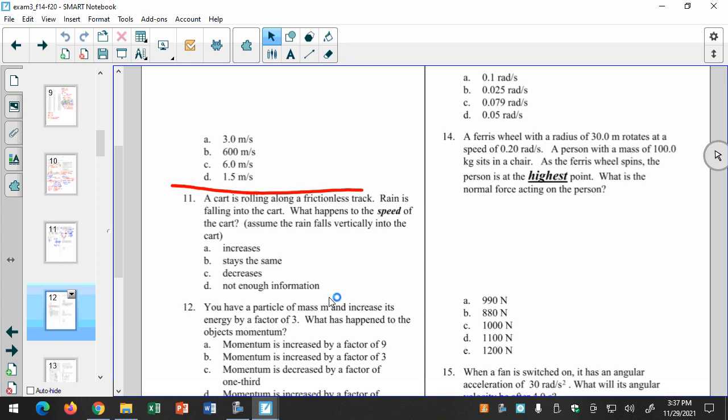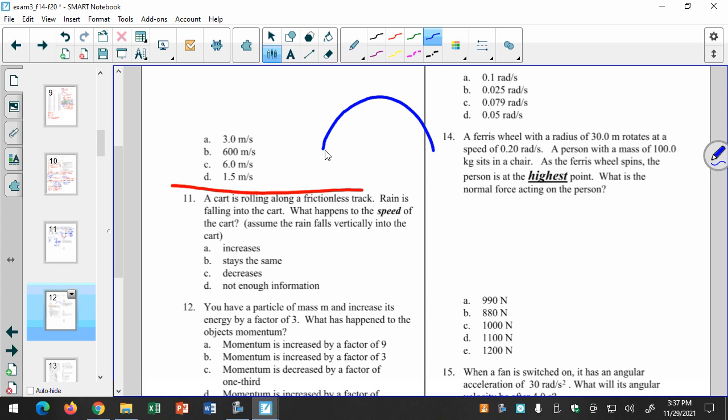Okay, yeah, so this is a lot like that Ferris wheel problem we worked before, although in this case, he's at the highest point. So for my Ferris wheel, I'll just draw the top part. He's right here. I have my forces, my normal force and my weight.